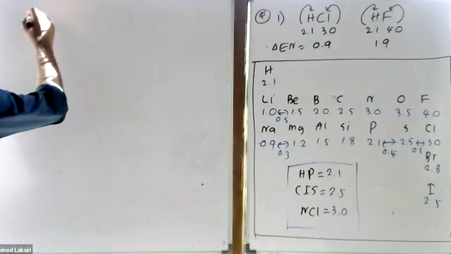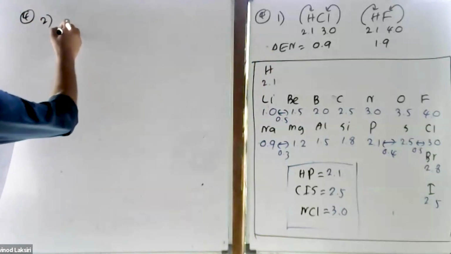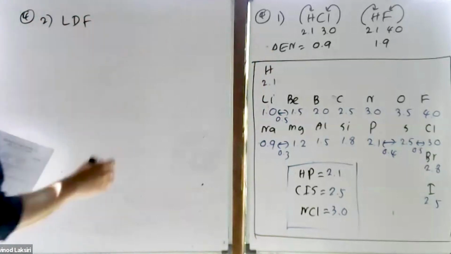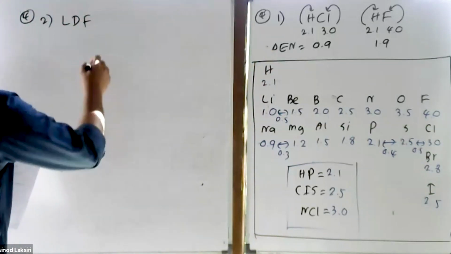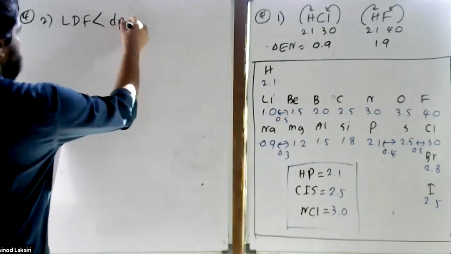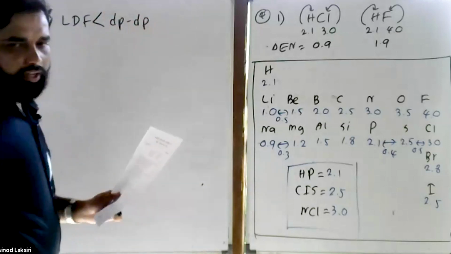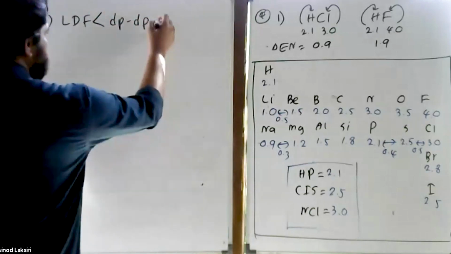Right. So as clearly here, the weakest interaction is LDF, London dispersion force. Then DP. What is the DP? Dipole interaction and hydrogen bonds.